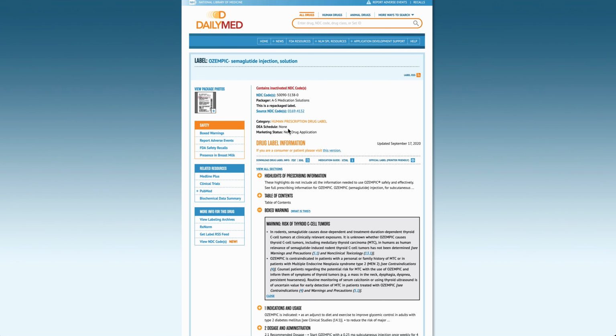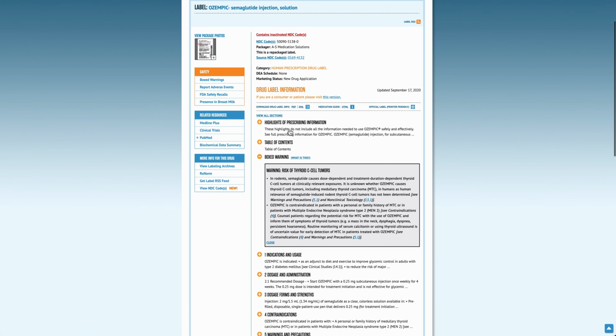So let's go over what is in the DailyMed website related to Ozempic. When we go through here, we see sections after sections. This is the law: when you have a drug in the US, you must write a product label, and it must follow the same template for all product labels. This is why the FDA asks all pharmaceutical companies to use the mandatory FDA template.